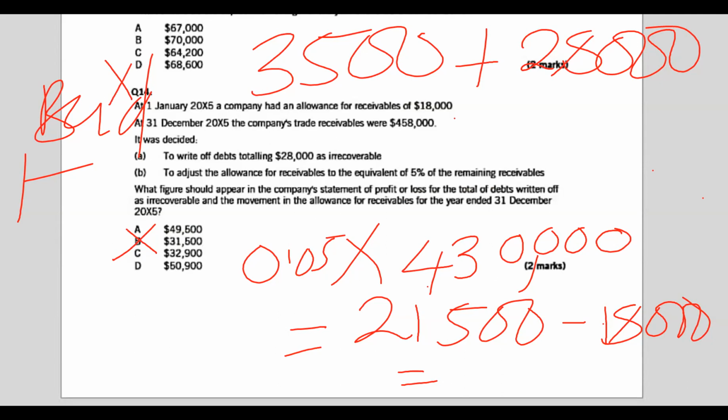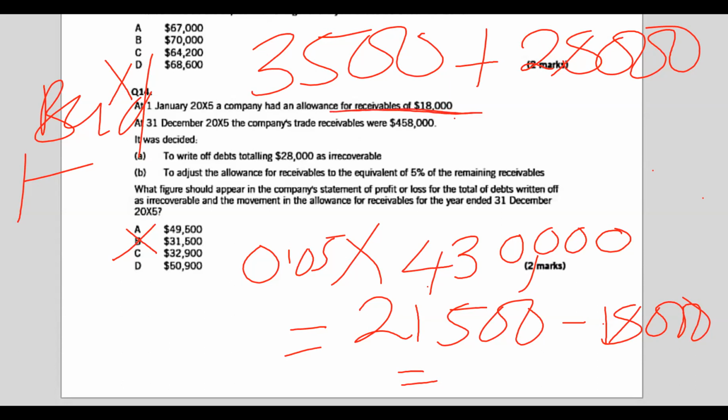On number 14, sorry, sir, I know you're explaining on the questions that we haven't done yet. But on number 14, was it a typo? Because you had said that we should multiply 0.05 times the difference which was found, which was 430,000. Yes. Then what does it give us? 21,500. Minus the accumulated allowance for receivables.